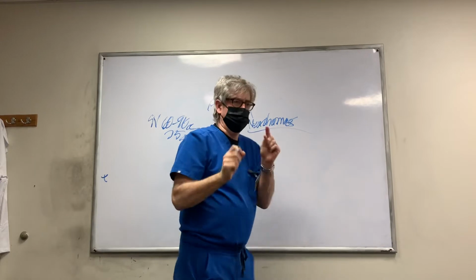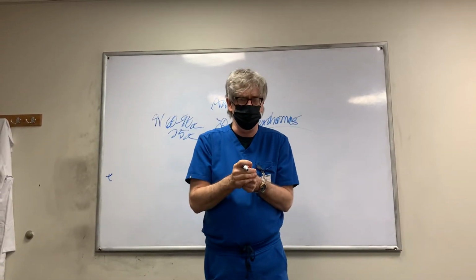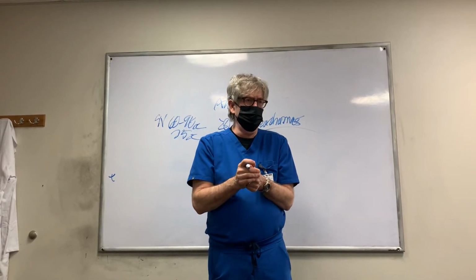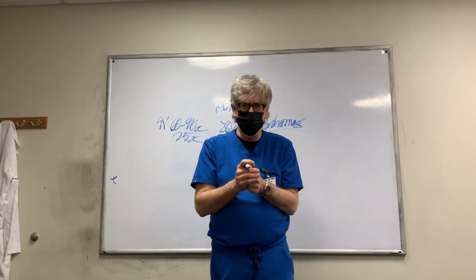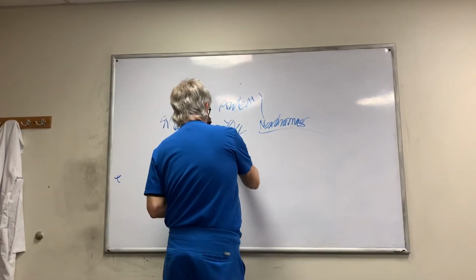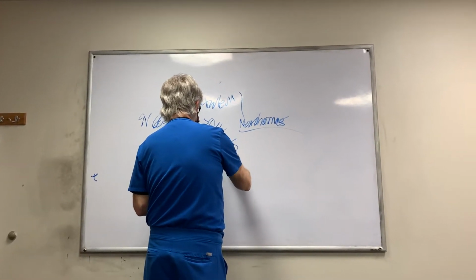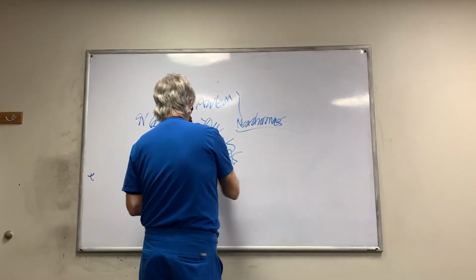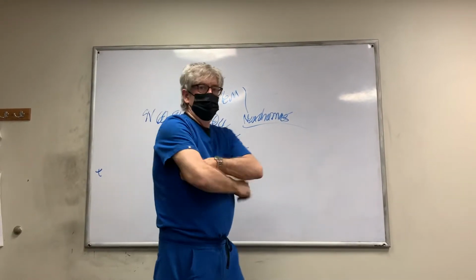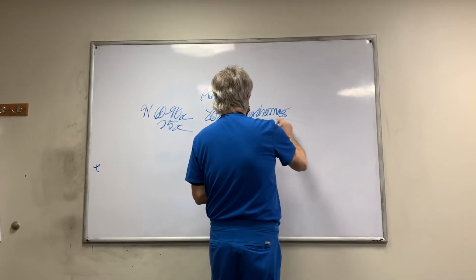Now, the next point I want to make is CHF is as much an endocrinologic disease as it is a cardiovascular disease because it involves neurohormones. So basically, you're going to have the sympathetic nervous system, the renin, angiotensin, aldosterone system, okay, and ADH all stimulated because you have decreased effective arterial blood volume.